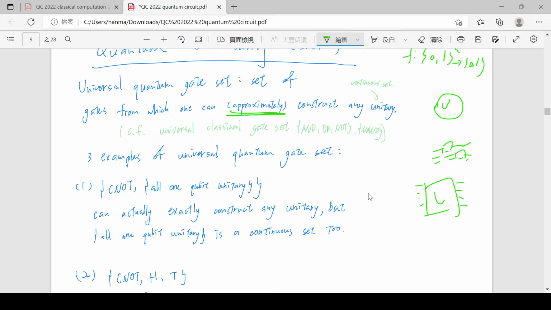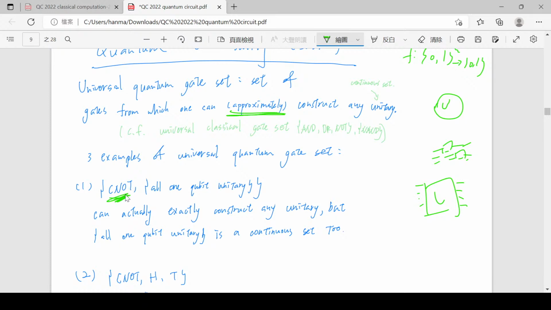But that's because all 1-qubit unitaries is also a continuous set, so there are an uncountably infinite number of gates in this set, obviously. So the math checks out, but this set is quite large. It's uncountably infinitely large.